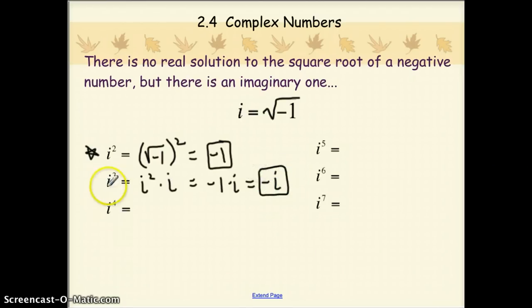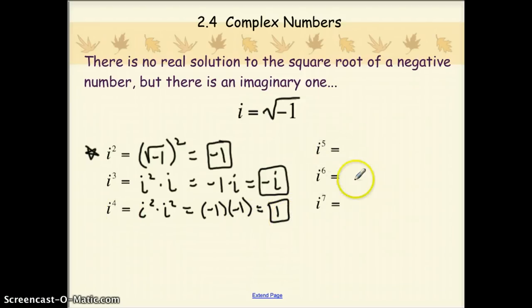So if you ever saw an i cubed, you could put in a -i. i to the fourth, we could write as i squared times another i squared. We know i squared is -1, so we would have a -1 times another -1, and we would get a 1. So anytime you see an i to the fourth, you can put in a 1.